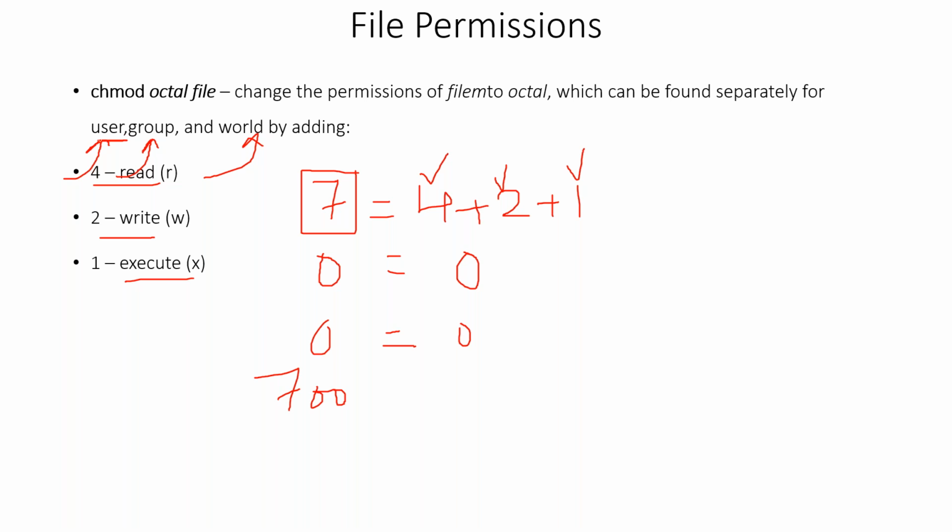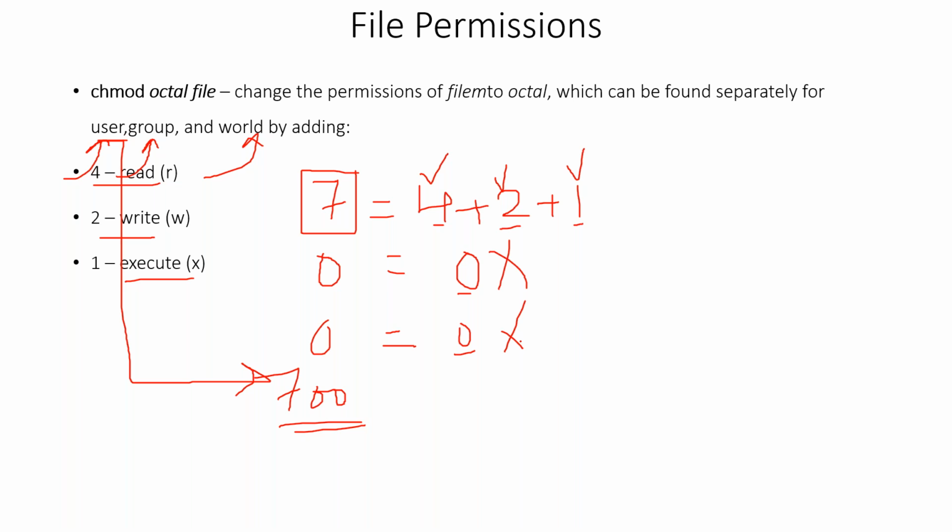The first digit is the privilege given to the user. If I run 700 on a file name, the current user can read, write, and execute. The outside world and groups can't do anything.